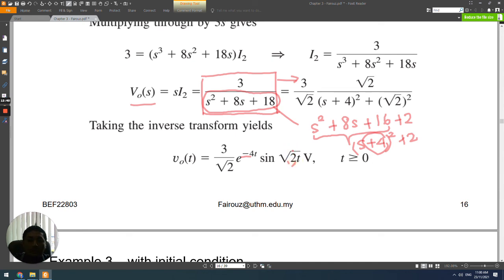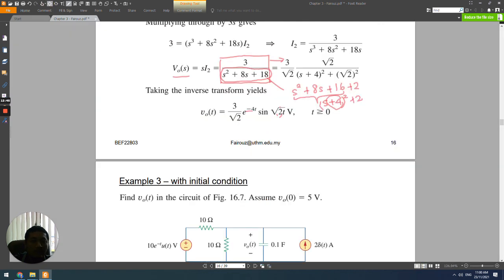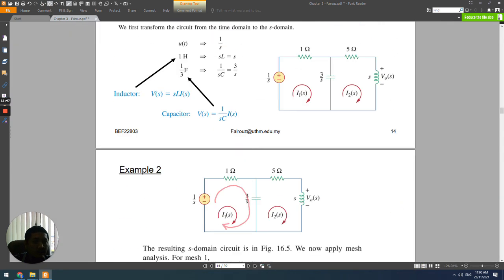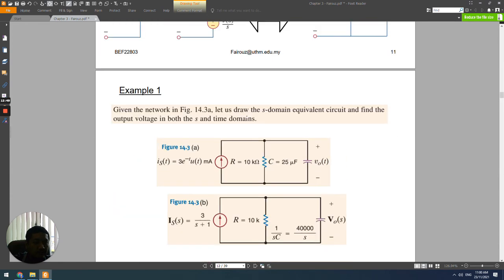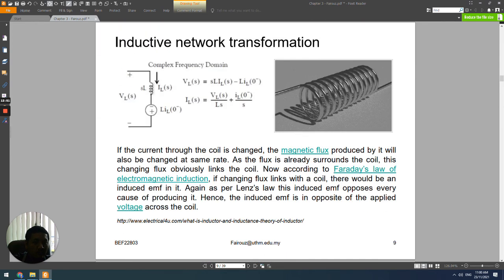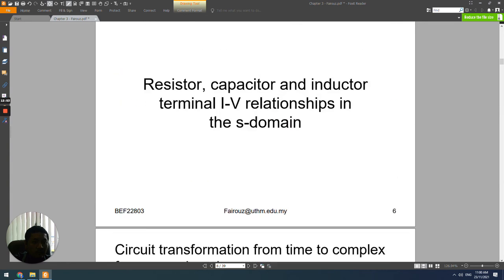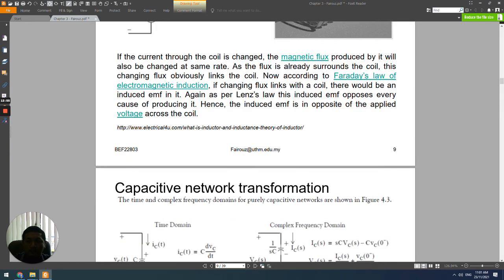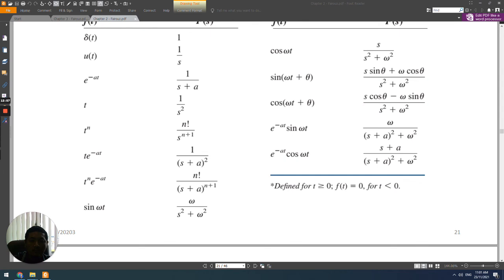So let's look at the Laplace transformation table we have here. This is the table that we can refer to.